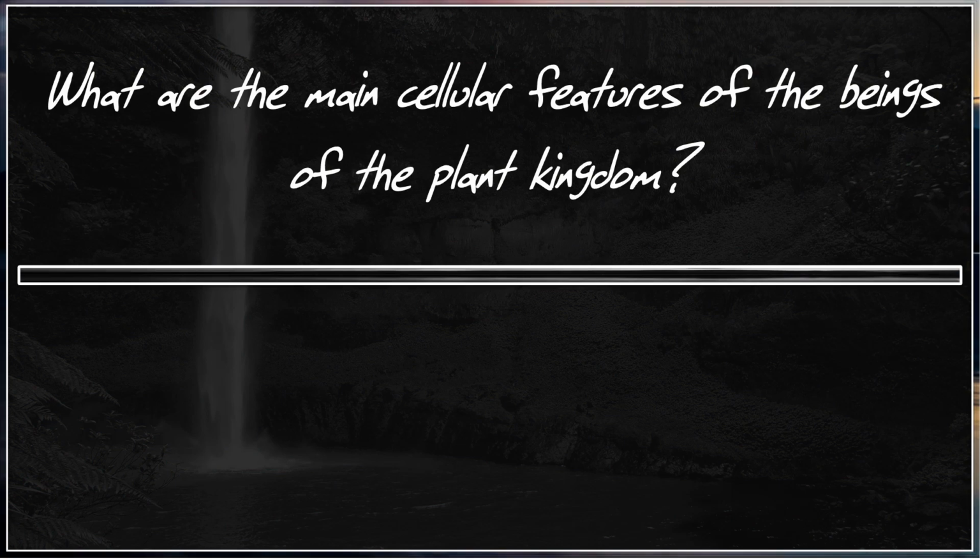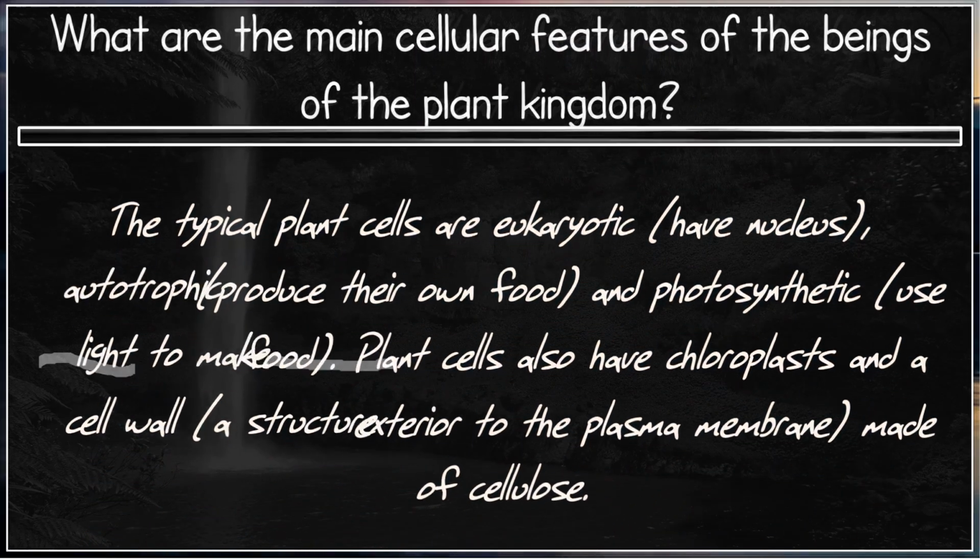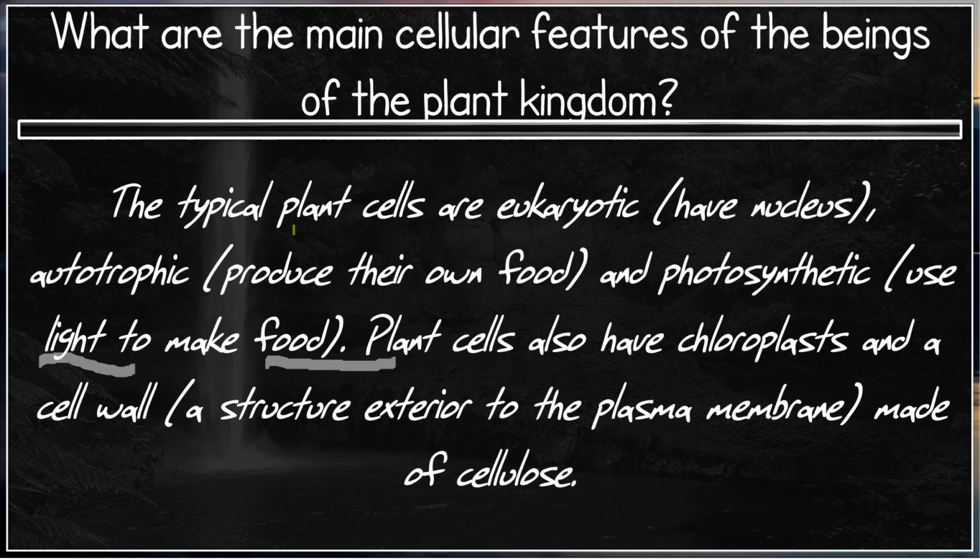What are the main cellular features of the beings of plant kingdom? The typical plant cells are eukaryotic, that is, they have a nucleus.